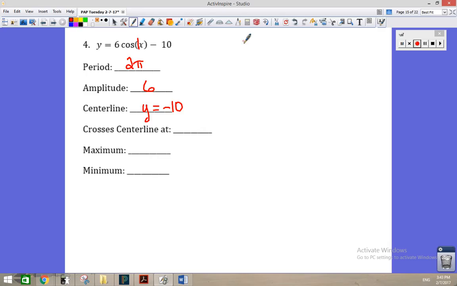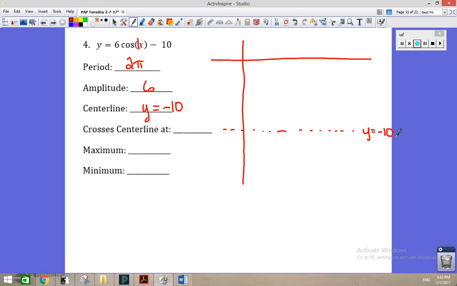So I know that my graph, it's not +10, it's -10. So I've got my graph drawn wrong. If this is the line y equals -10, then 6 units above -10, if I add 6 to this, I'm up here at -4.